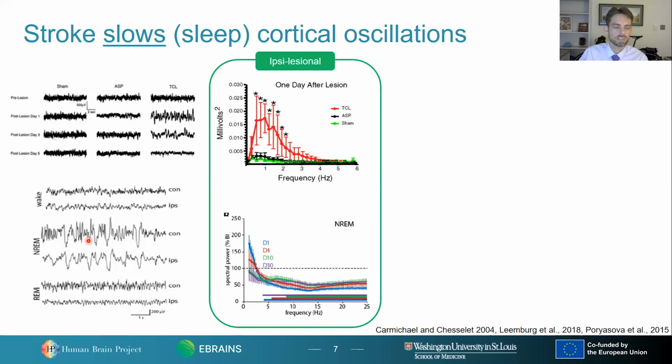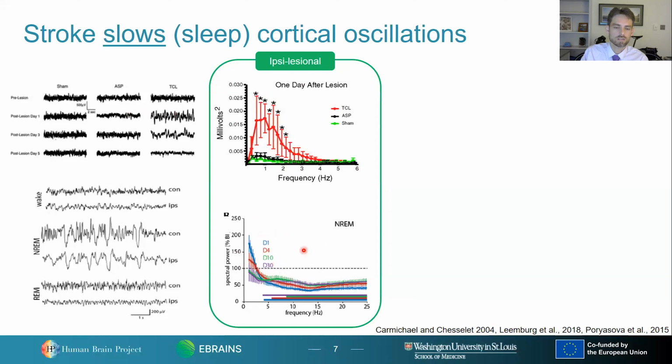But these are macroscopic questions, looking at one hemisphere. When they quantified what's happening on a hemispheric level, with power on the y-axis and frequency on the x-axis, power less than 1 hertz one day after the lesion was significantly increased.